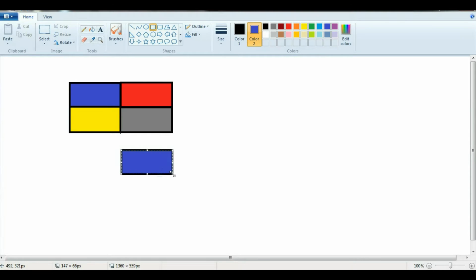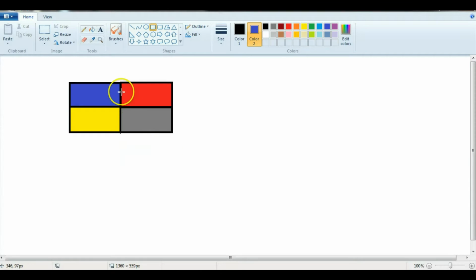There's my subset of the population. I'm going to take all blue people. Okay, would you say that that's representative of the population? Well, you'd say no. That's not representative because it left out all the red, yellow, and gray. So that's not going to be a good representation.